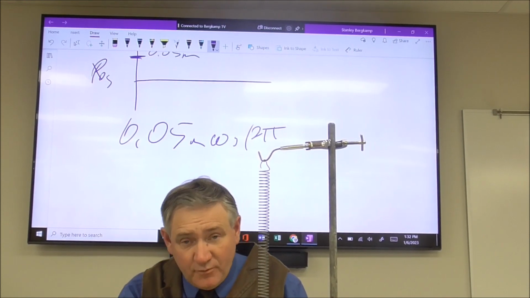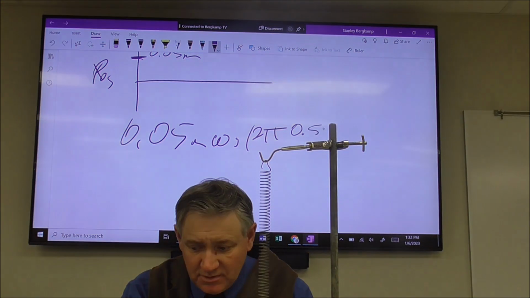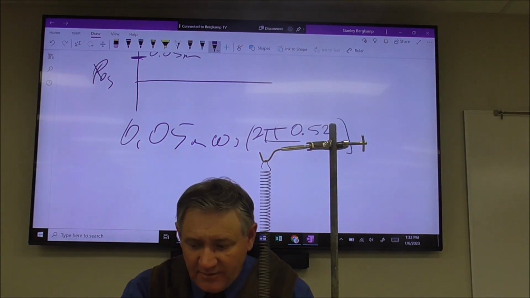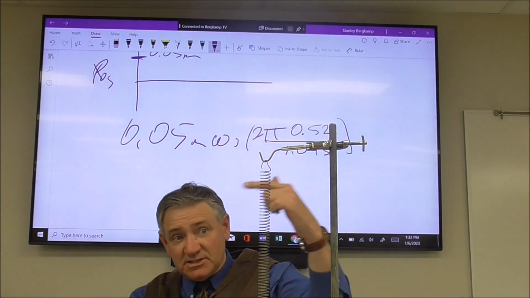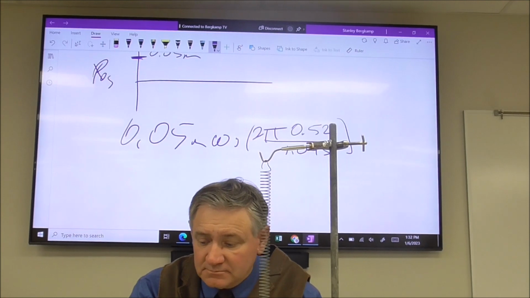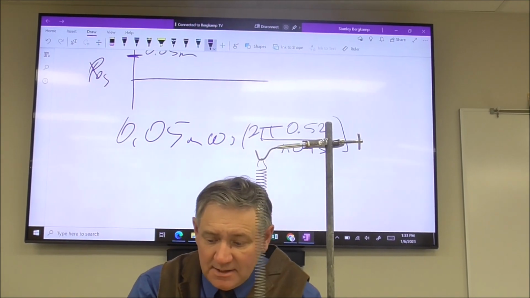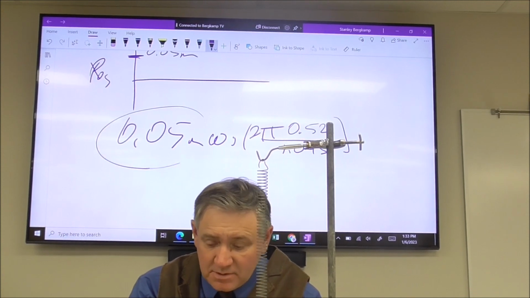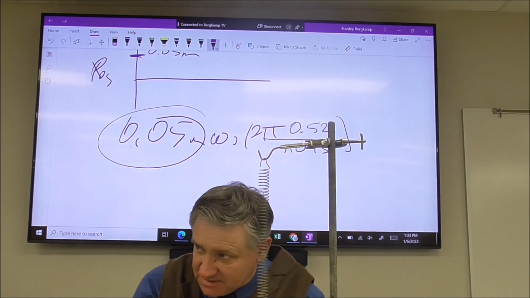So if you take half of 1.04, you get 0.52 seconds divided by 1.04 seconds. So if you're into smash mouth physics, you're going to take 0.52 divided by 1.04, multiply that by 2 pi, take the cosine of that, multiply that by 0.05. Okay? If you're into smash mouth physics.